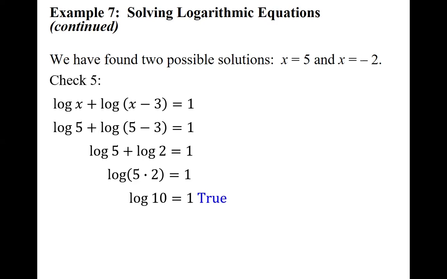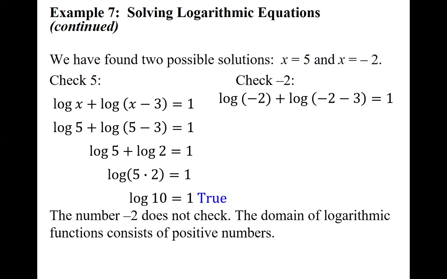That's a true statement. 5 works. But when we plug -2 in, we get log of -2 plus log of -5. And neither of those two things exist. We can't take logs of negative numbers.